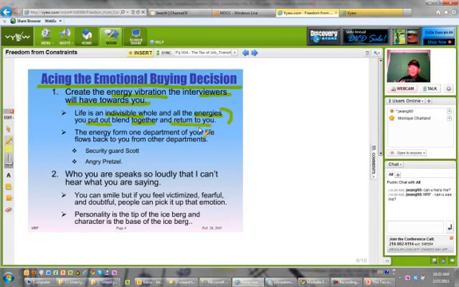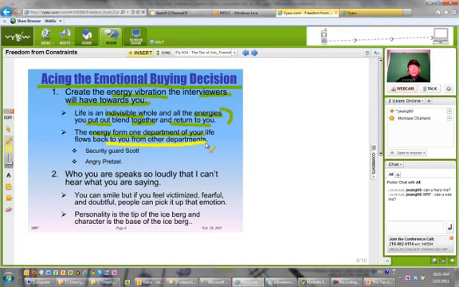Those are our names. So let's look at it from the Tao's perspective, from the universal perspective, what is actually happening. Life is an indivisible whole. It's very important to focus on that. Why? Because the energy from one department of your life flows back to you from other departments.